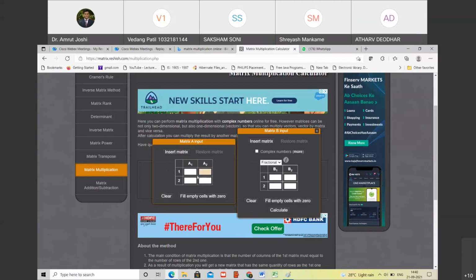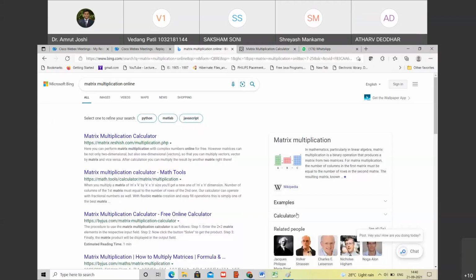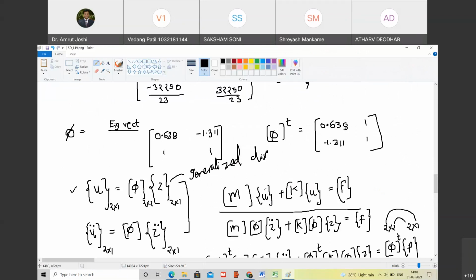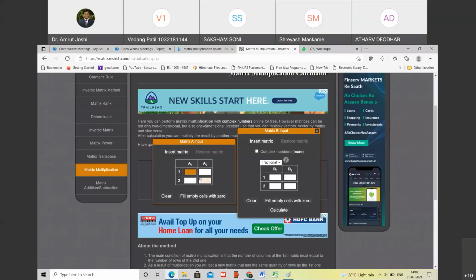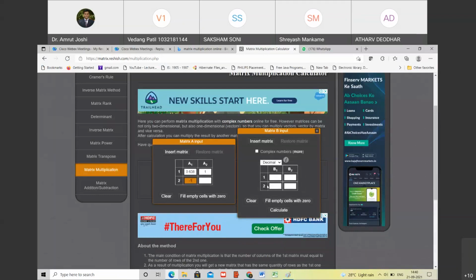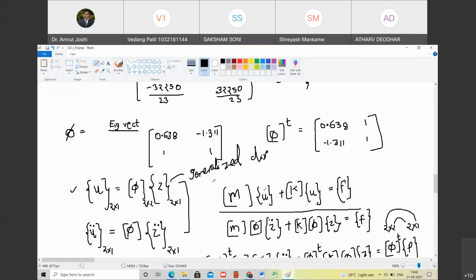Set the matrices. So first matrix is which one? Phi transpose. So where is phi transpose? This one: 0.6381, 0.6381, and then minus 1.311, minus 1.311, and 1, 1.